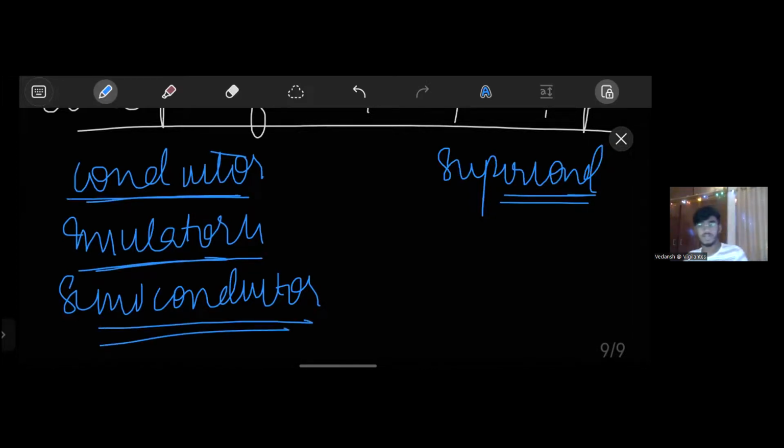Now, what are conductors? You can just figure out from the name that it is conducting something, thereby conducting electricity. So, a particular substance which conducts electricity is known as a conductor at a given temperature. Similarly, insulators are those which do not conduct electricity at all.